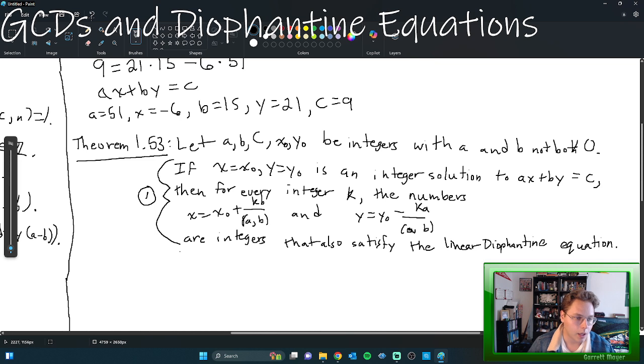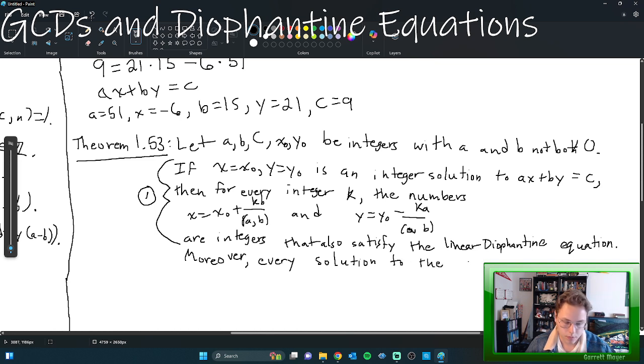And then the next thing that we're going to prove, moreover, is that every solution to the linear Diophantine equation ax plus by equals c is of this form.